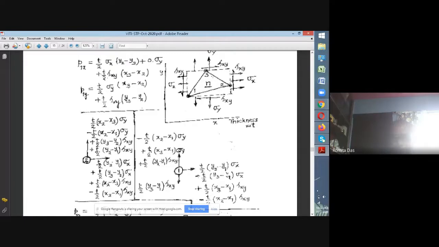Similarly, I also have load coming up in this direction because of the shear stress. You see that shear stress is acting on how much area? It is from this point to this point, and this point has coordinate x2, this point has coordinate x1, so it is x2 minus x1, area multiplied by t, and the load due to tau xy is tau xy into x2 minus x1 multiplied by t.